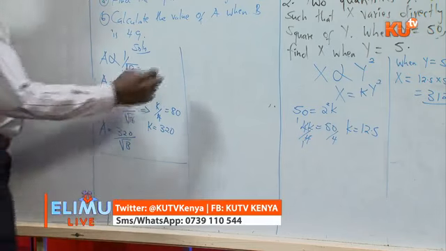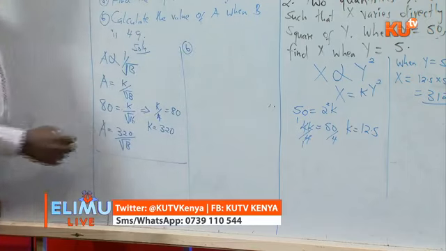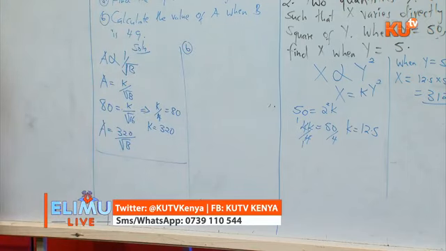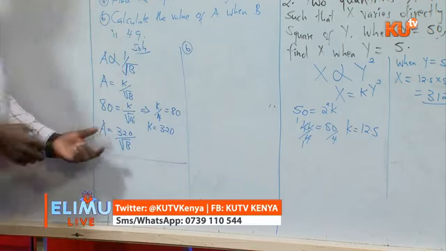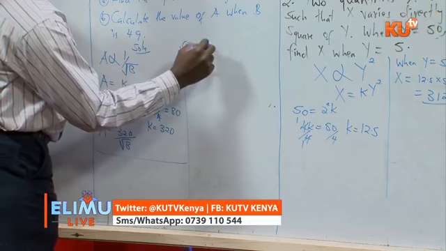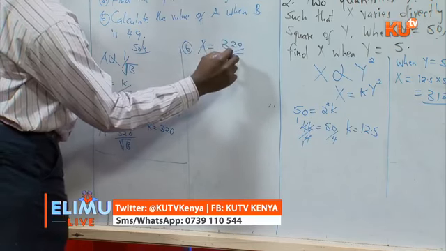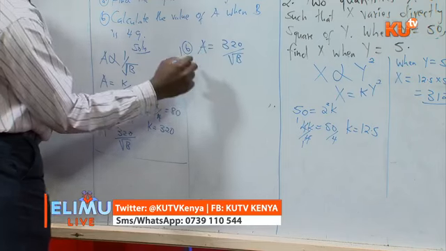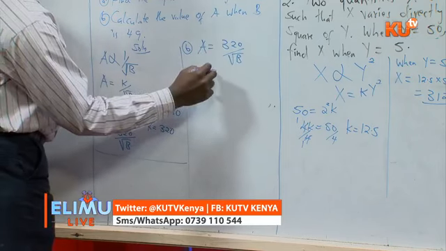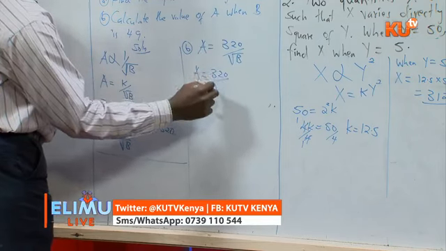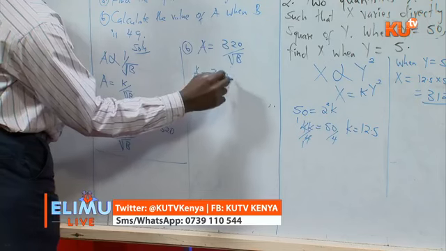For part B, we are finding the value of A when B is 49. So we take the equation now, A equal to 320 over root B, and replace in, so A becomes 320 over root 49.